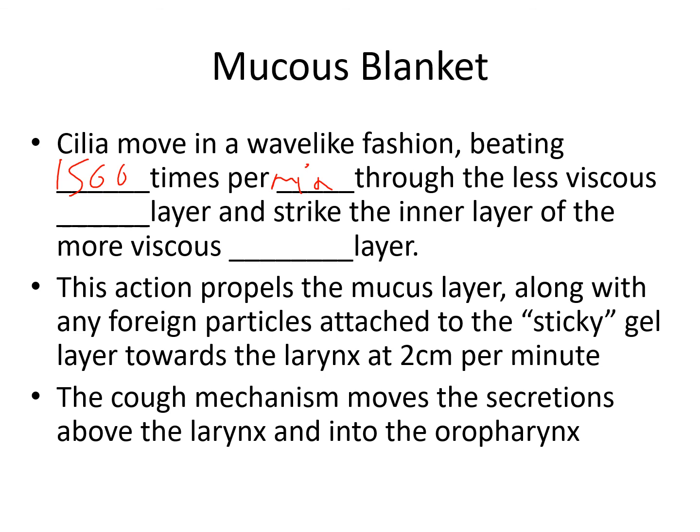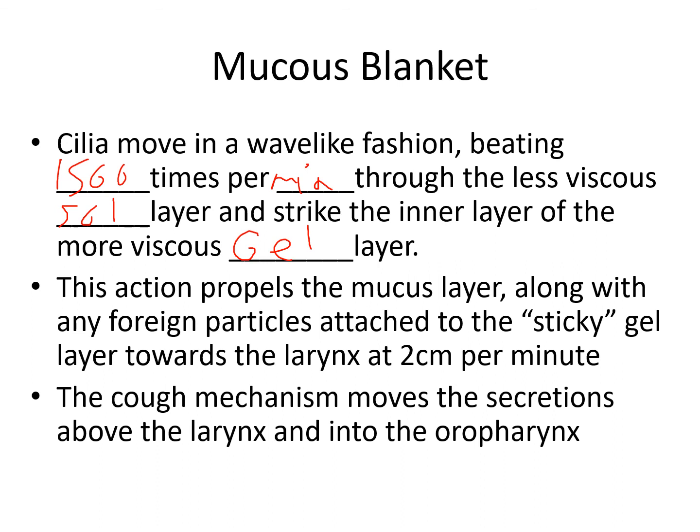The sol layer or the gel layer? The sol layer. This is something we already talked about. And they strike the inner layer, so they strike the bottom part of the more viscous, very thick, sticky one that's on top, the gel layer. So they strike the gel layer to help move it, but most of their movement is in the sol layer.